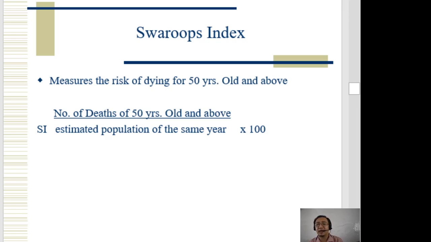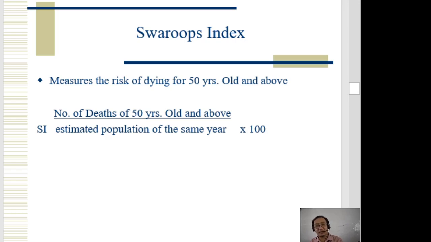So number of deaths of 50 years old and above divided by estimated population of the same year times 100. Okay, so to compare it to your infant mortality rate: for infant mortality rate, if it is high, you have a poor health status. If it's low, you have a very good health status.